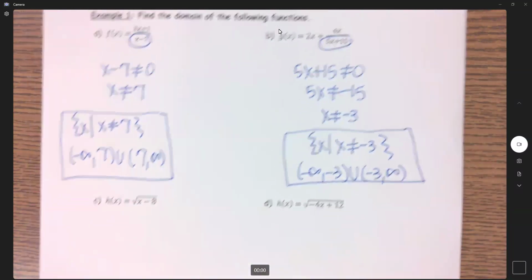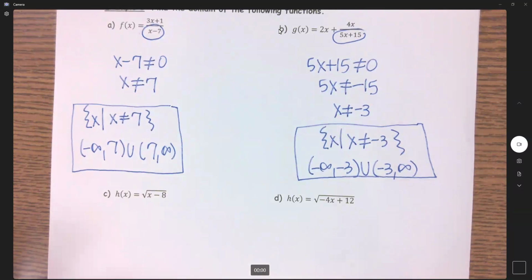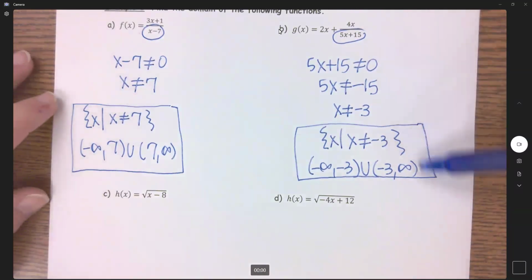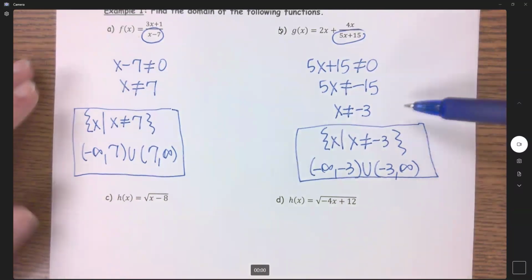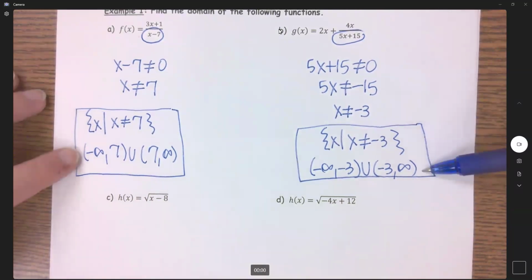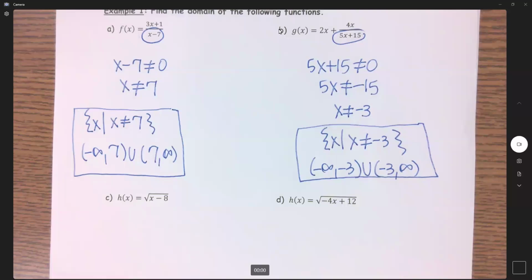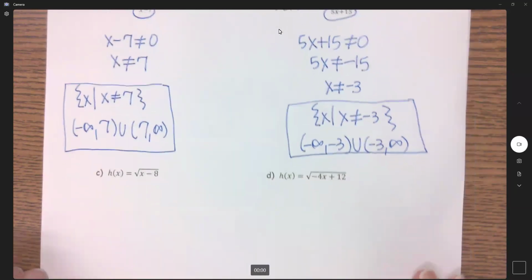So just to be very clear here, because I don't think I said this in lesson 3, when we were writing our answer in multiple forms, set notation and interval notation are saying the exact same thing, just written in two different forms. Just like the graph is also telling us the same thing, just a visual representation. These are just different ways to represent the exact same thing.